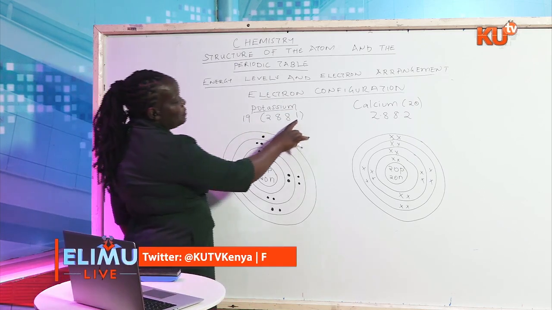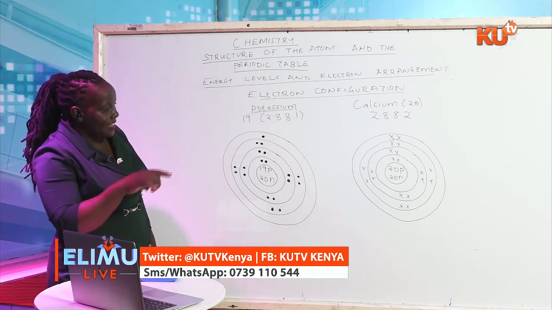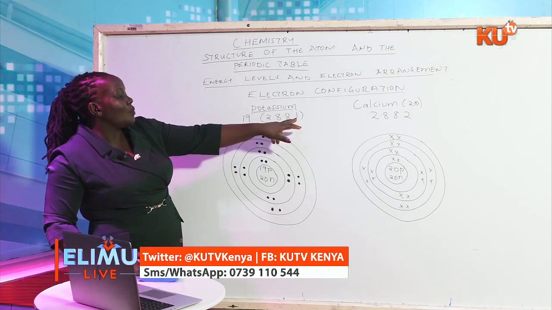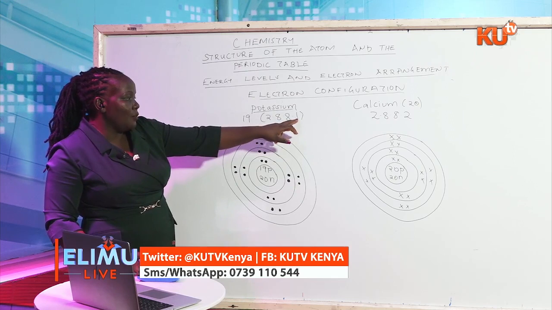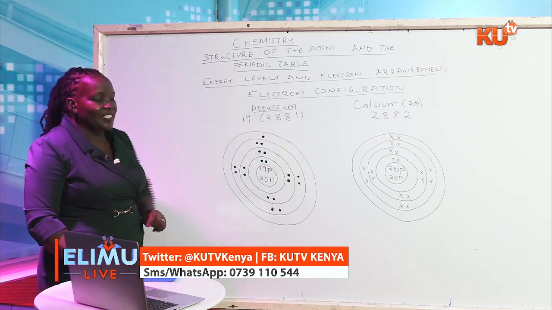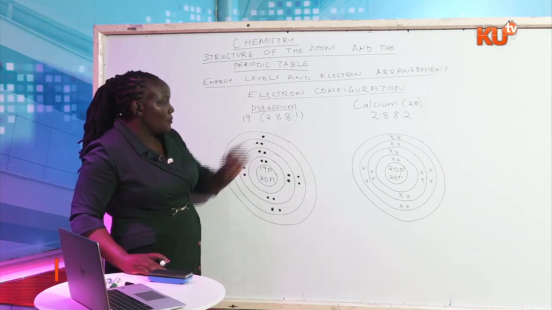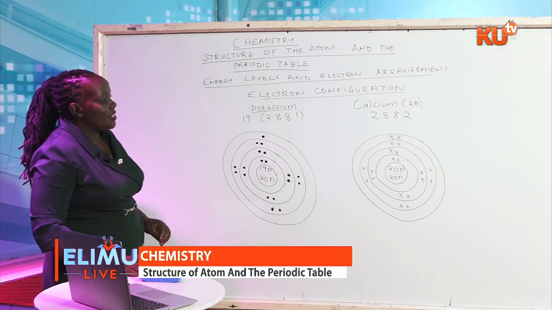Then there's something very important here that we need to note: the number of electrons in the outer, the last occupied energy level. So for potassium, we have only 1 electron. So a very important piece of information is that we have 4 energy levels for potassium, and then we have 1 electron in the outermost energy level.